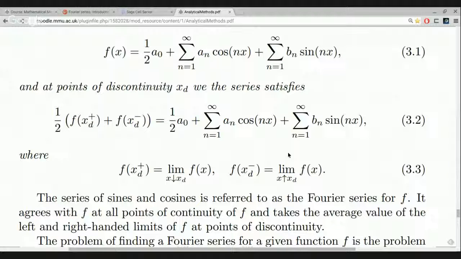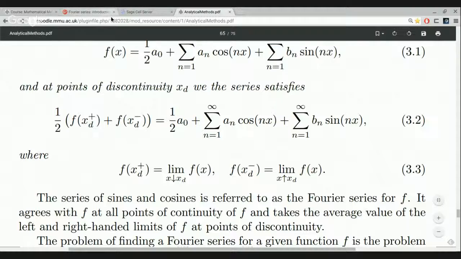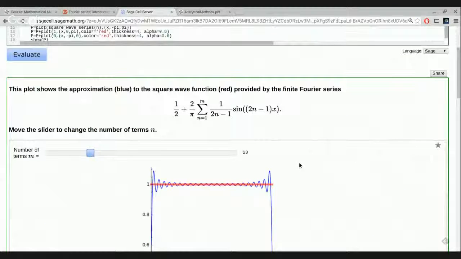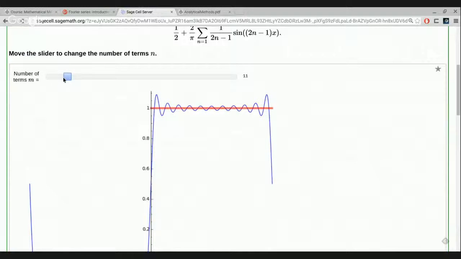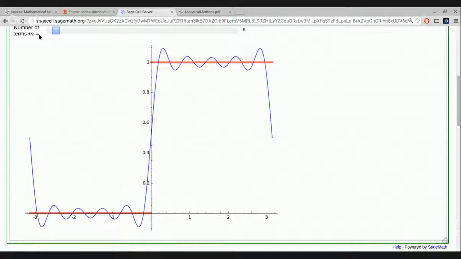Okay, so f at xd plus and f at xd minus, these are the two limiting values of the function as you approach the discontinuity from either side. And the infinite series will give you the average of those two, half of the sum of those two. Now, that can be a bit difficult to parse. So all that's saying is, if we go back to our initial example of the square wave function, notice that it's always the case that at the point of discontinuity, the Fourier series, which is the blue function, takes the value a half at the point of discontinuity.